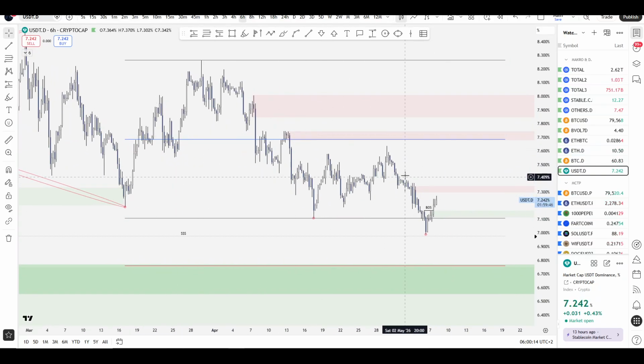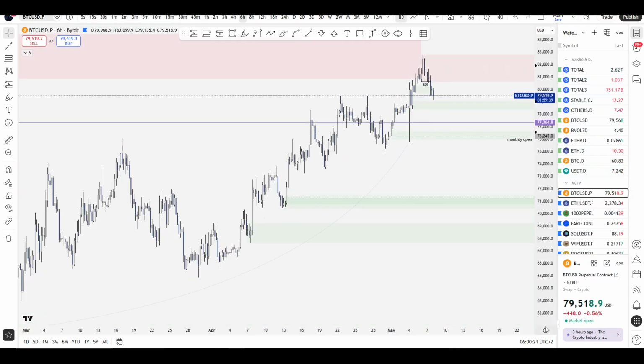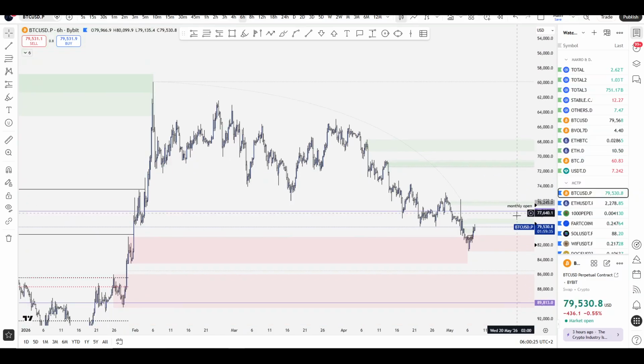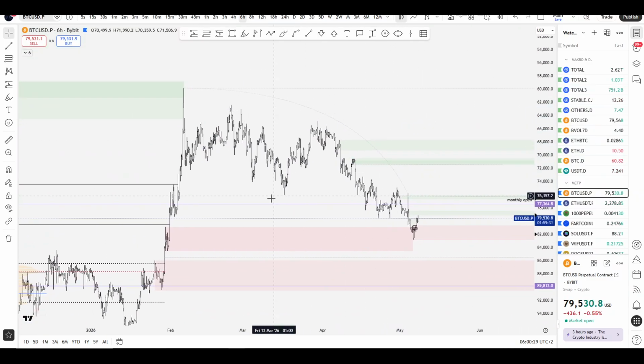It is definitely cleaner than Bitcoin's price action. If I stay on the 6 hour and I invert the chart here on Bitcoin, you can see it does not look that clean. This is a starting point on USDT, and you can see we deviate.